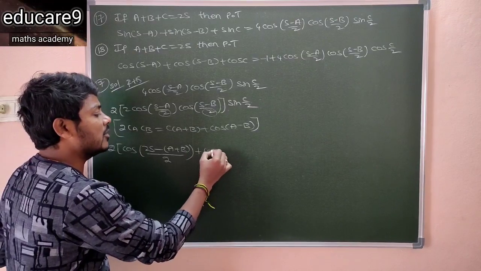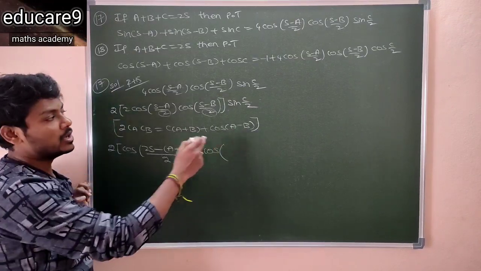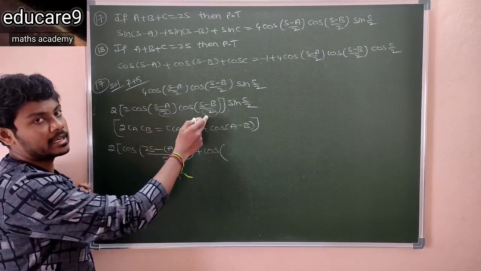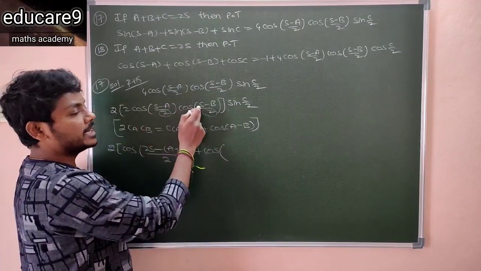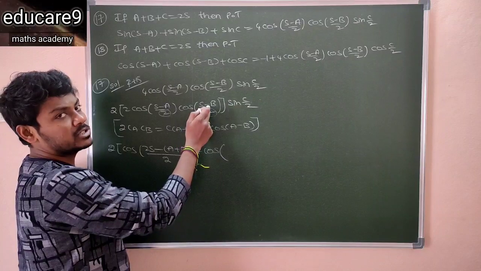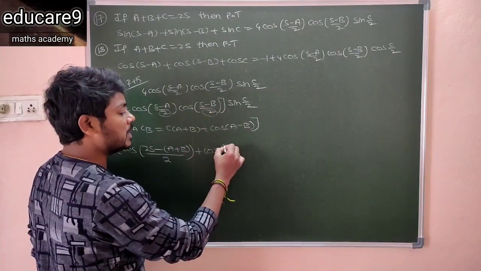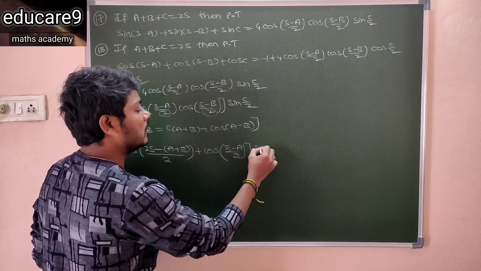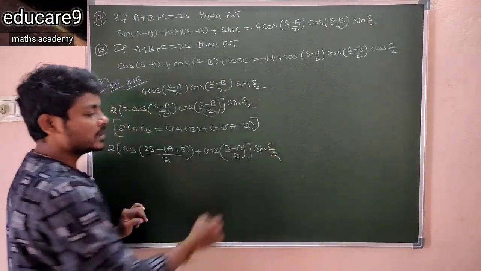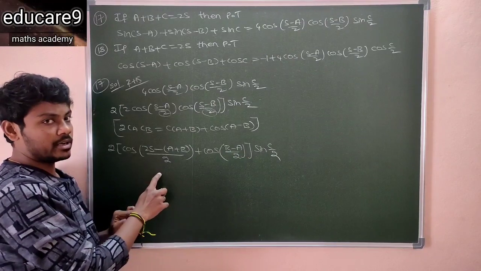Next, cos of A minus B. So we have to subtract these two angles because the denominators are equal. So here S minus S gets cancelled. Minus A, minus into minus B, you will get plus B. So B minus A by 2, into sin C by 2. And multiplying sin C by 2 inside.